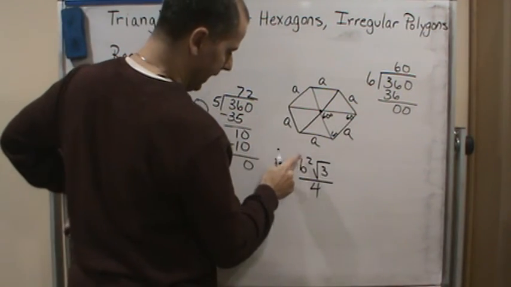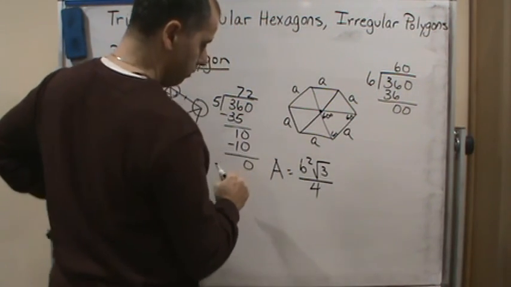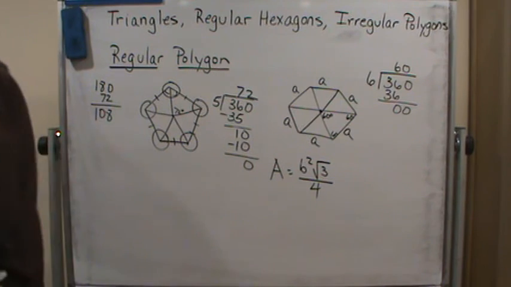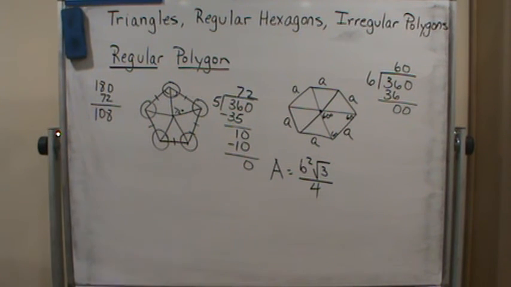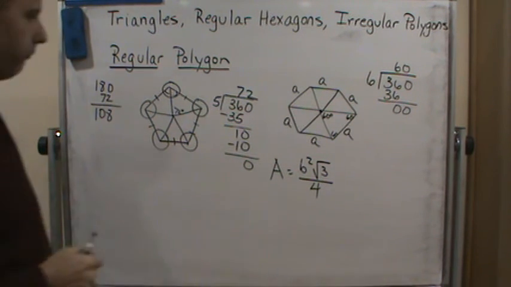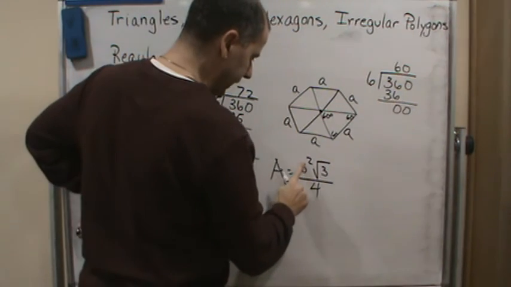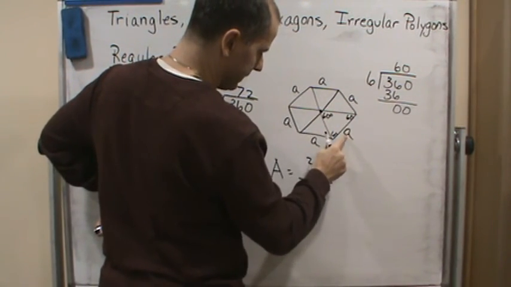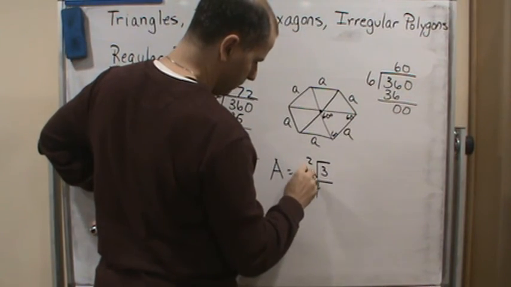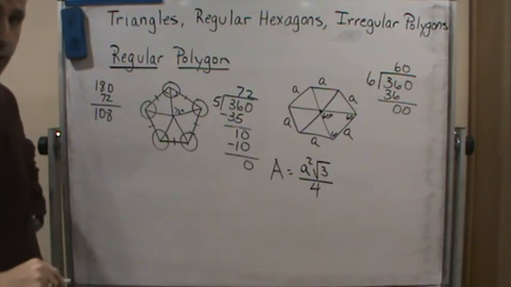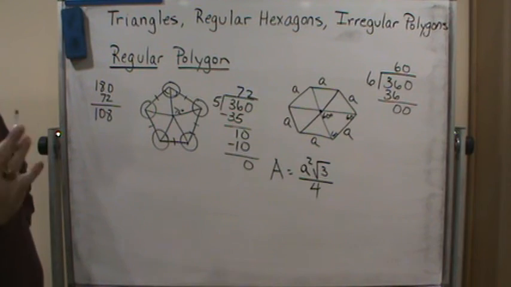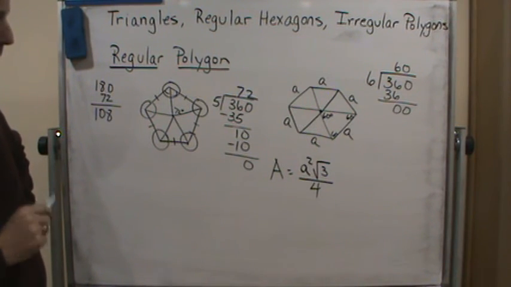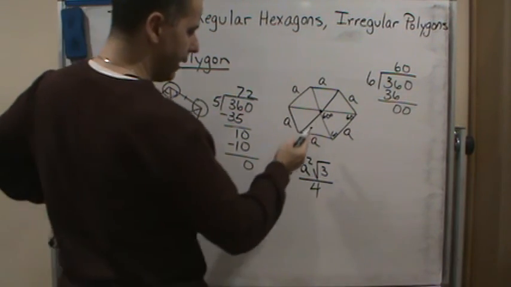Now it's going to be A. So if I look at this triangle, the base is A. So instead of using B, like I did in the previous video, I'm going to use A. Same thing.